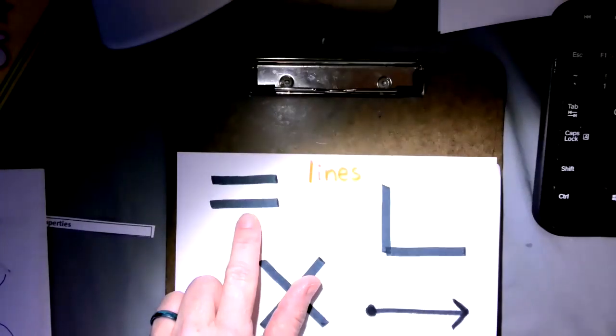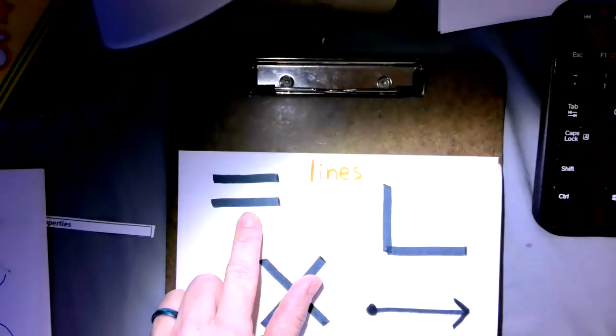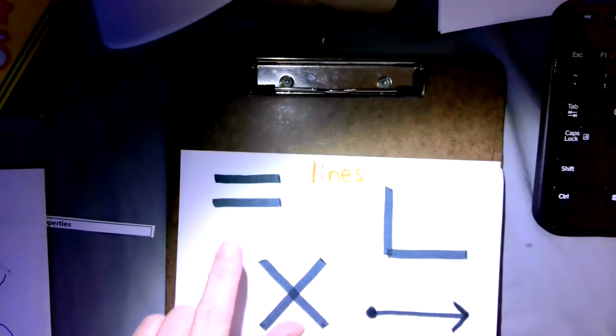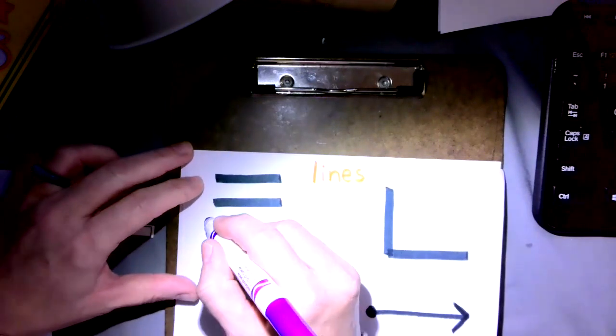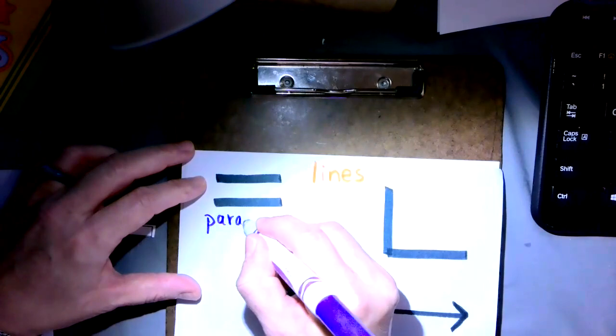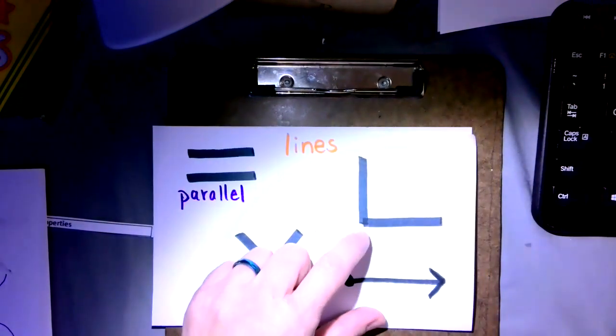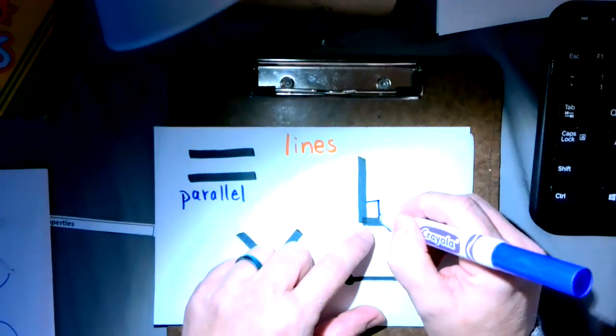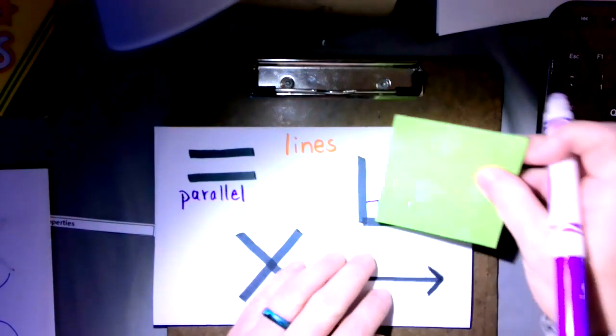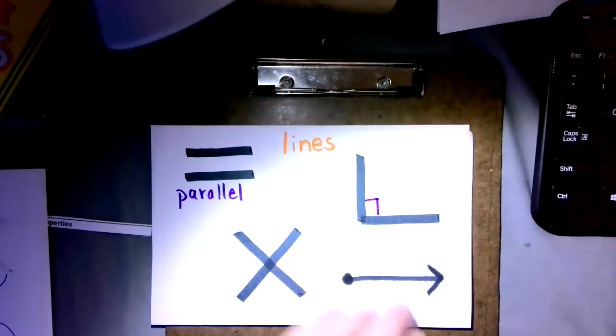What do we call these lines where they would never cross? Parallel lines. They're parallel lines, yes. Parallel. Good job. What about these where they come and they make this, where you could put a piece of paper in the corner and line up on both sides?